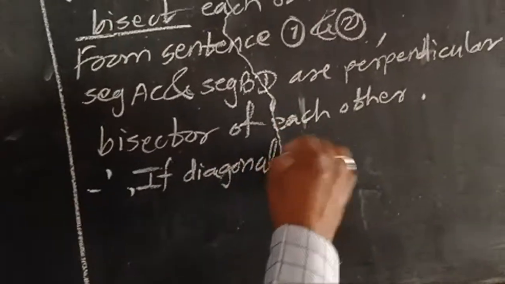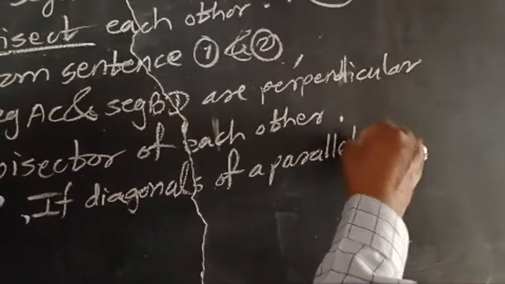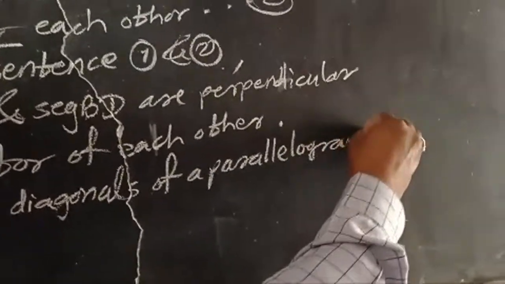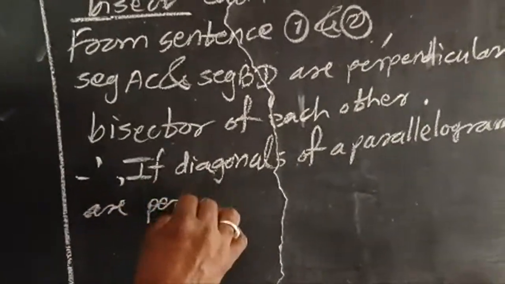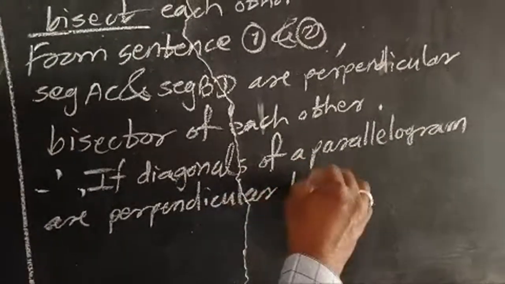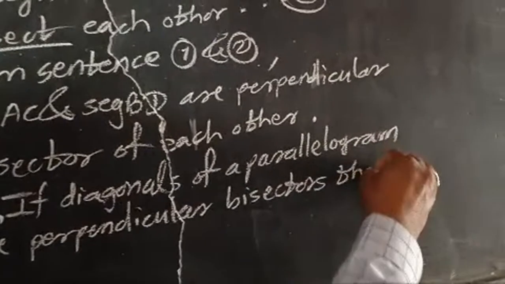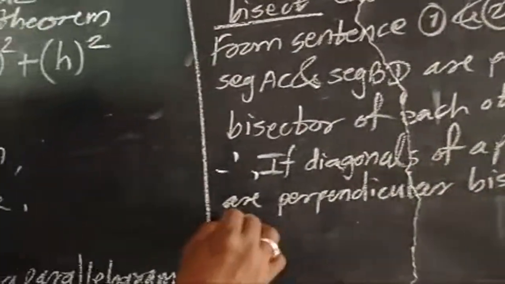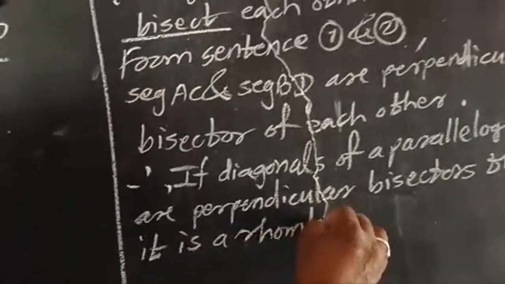If the diagonals of a parallelogram are perpendicular bisectors, then it is a rhombus.